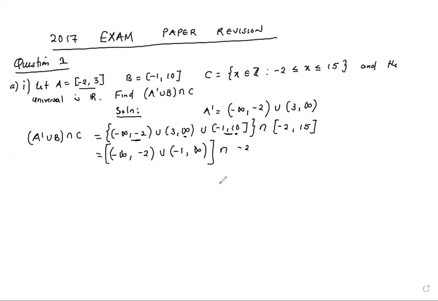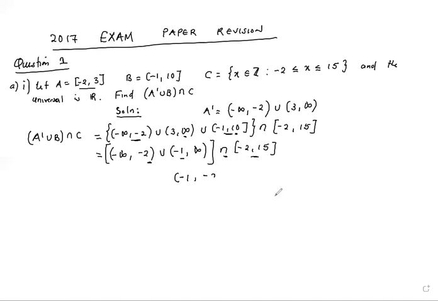intersection, -2 to 10. Then I'm going to have, as you can see, -2 is not here. So it can't be intersection. -1. So -1, -2. Included, union of alpha from -1.